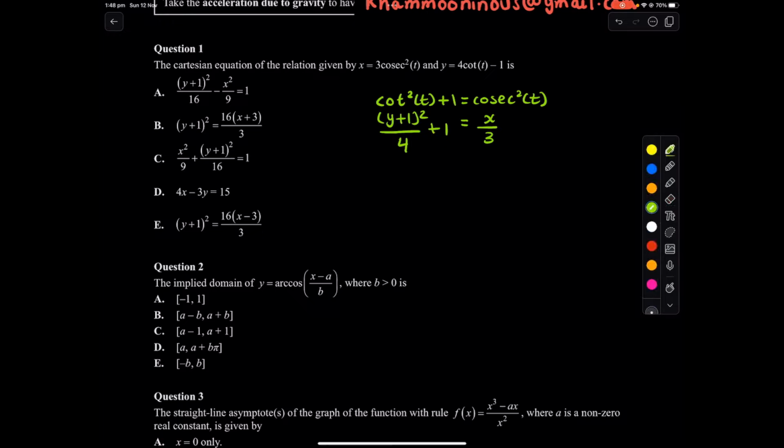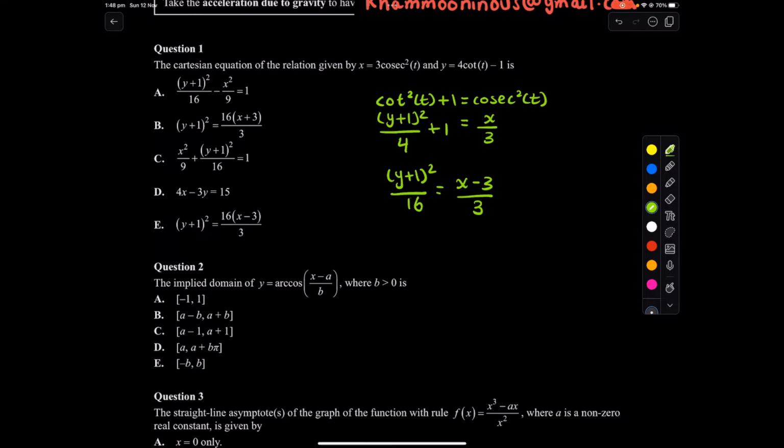Now, I'm going to have a look at the answers and see which one looks very similar. None of them look like it. What about if I simplify this extra? So if I say that's y plus 1 squared over 4, and I bring that 1 to the right side, it'll be x minus 3 over 3 by simplifying it, and we multiply by 4, it's supposed to be 4 squared, so it's supposed to be 16.